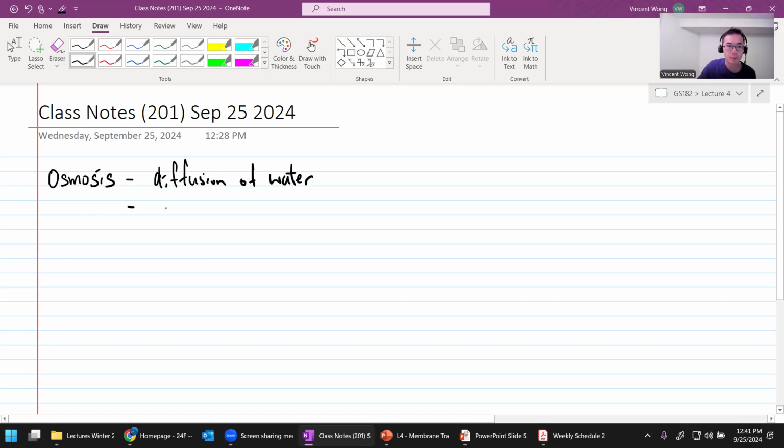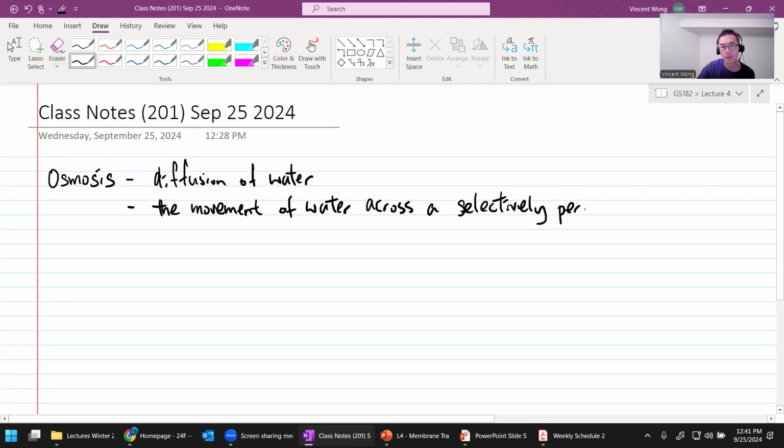More specifically, the more proper way of defining osmosis is the movement of water across a selectively permeable membrane.